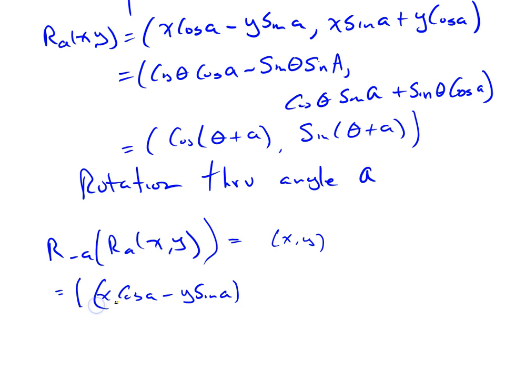And I'm going to multiply that by the cosine of, well, I'm doing R of negative A, so that's cosine of negative A here. And then minus y, but the y coordinate is all of this stuff. So I've got x sine A plus y cos A times the sine of this angle, negative A.